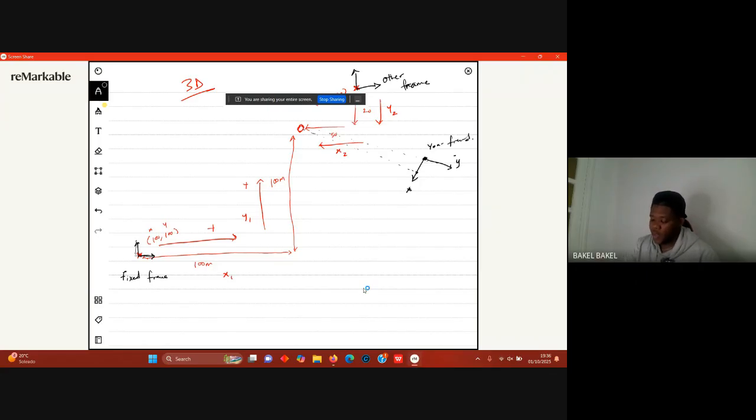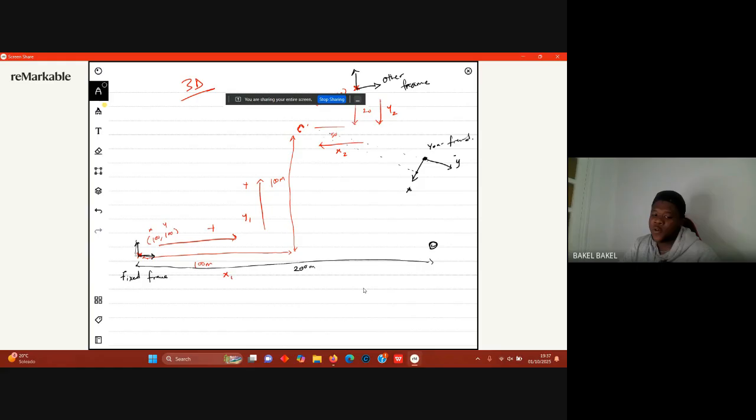Okay, now why am I talking about frames? Let's forget this point. Let's now say the ball is here. You are here, and this place is exactly 200 meters from you. You want to tell your friend to pick the ball.